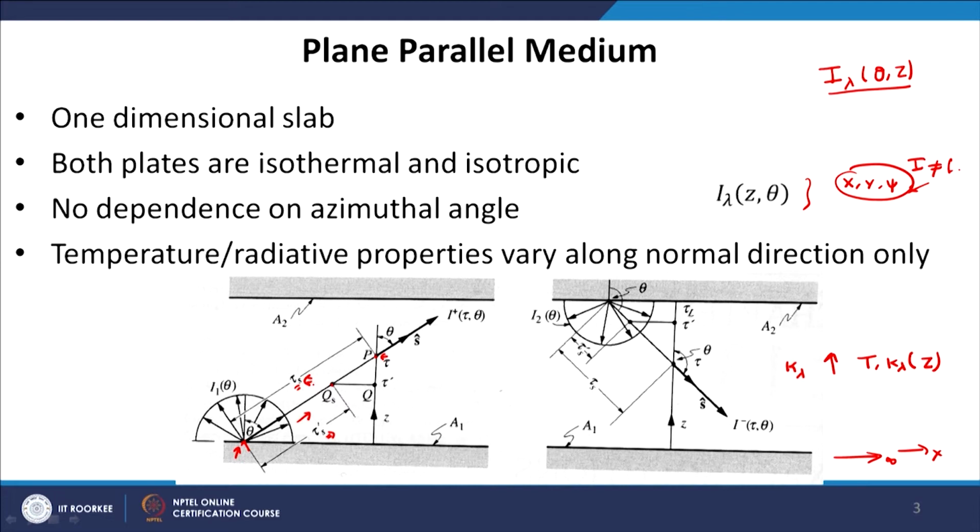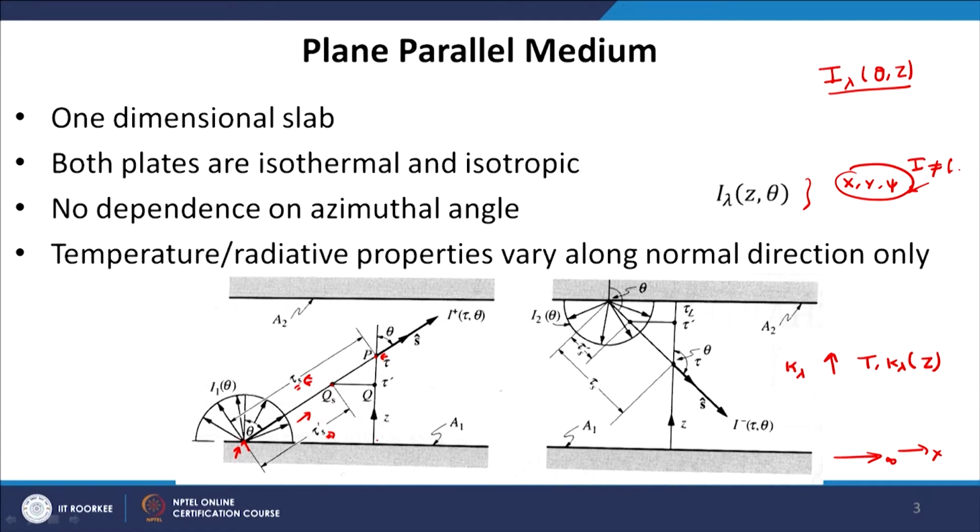So, tau s is the optical path from the point of origin of the ray to point P, that means kappa times s, and tau s prime is for any point on this ray, let us say Q, kappa times s prime. So, that is the path length of point Q, and this is along the ray.